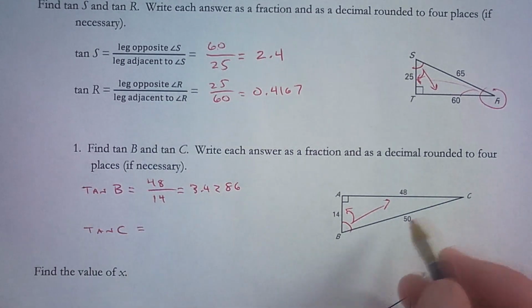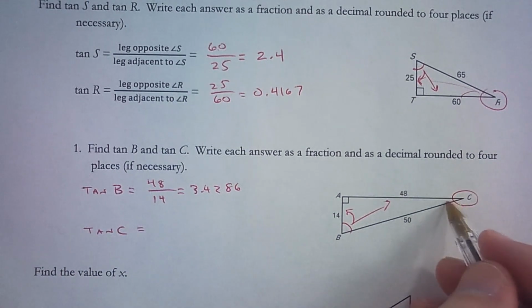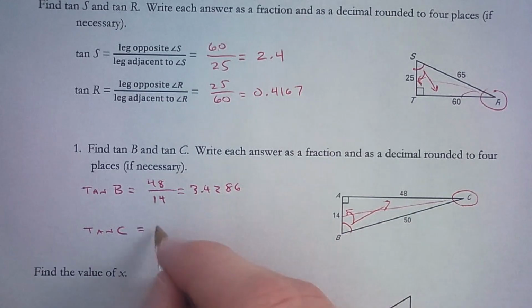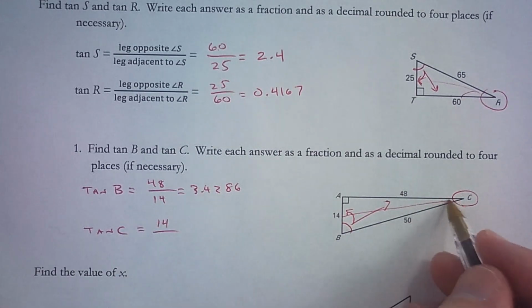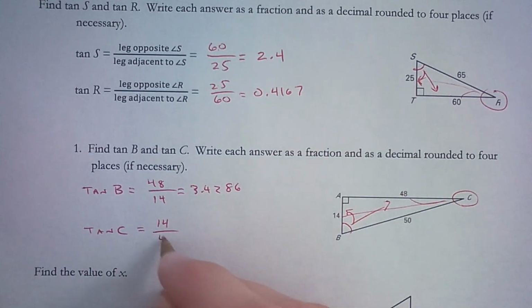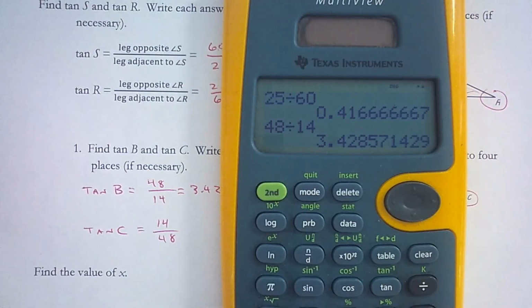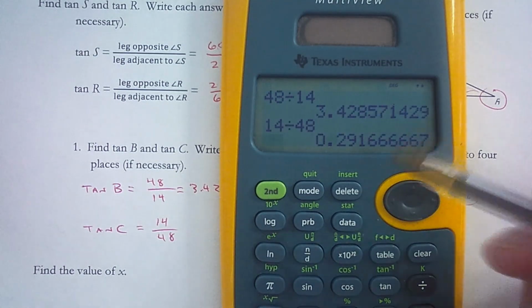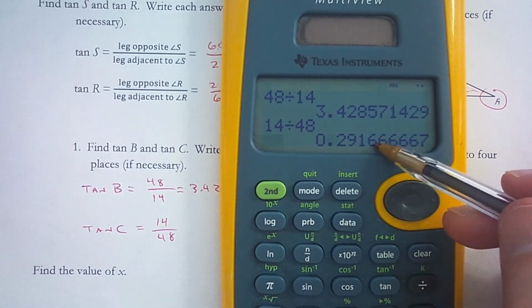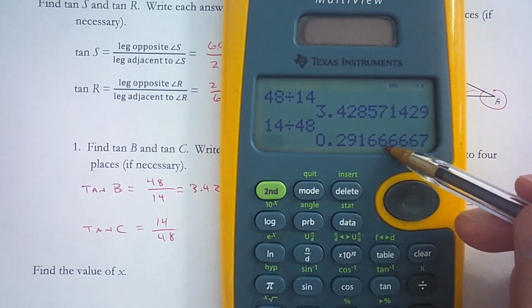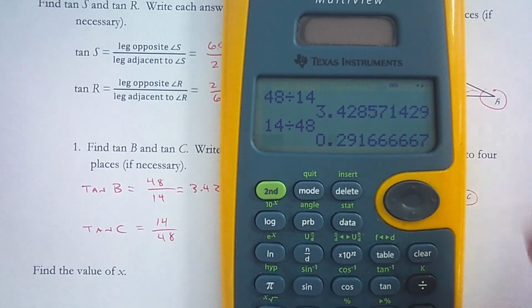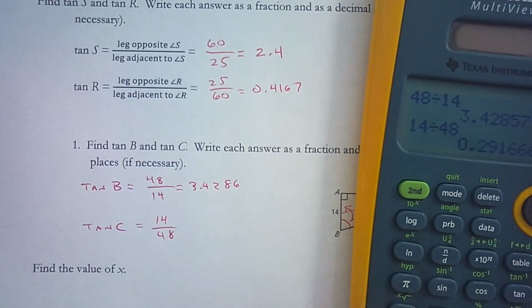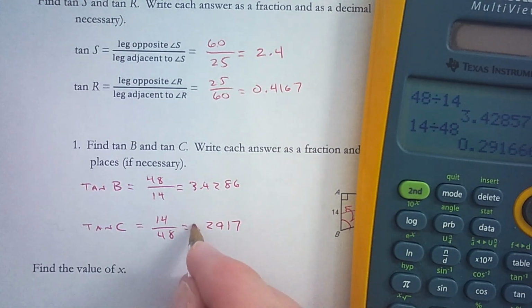Then tangent C. For C, the opposite is 14, and the adjacent leg is 48, the reciprocal of tangent B. 14 divided by 48 is 0.2916. After the 6 is another 6. That's big enough to bump that up to a 7. So it's 0.2917.